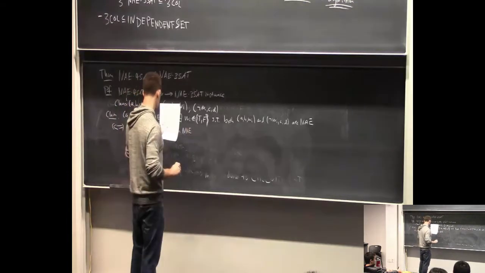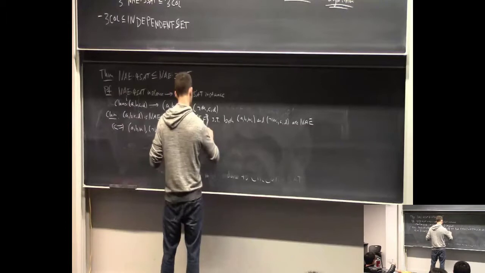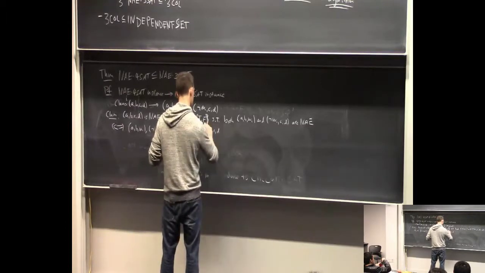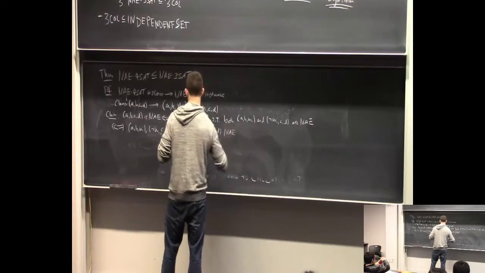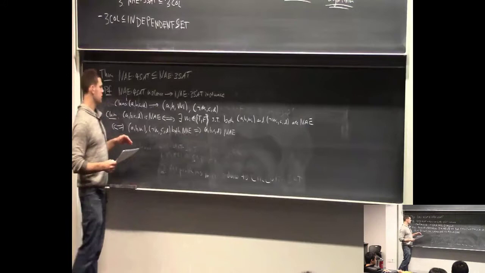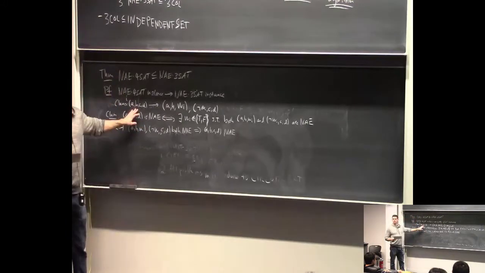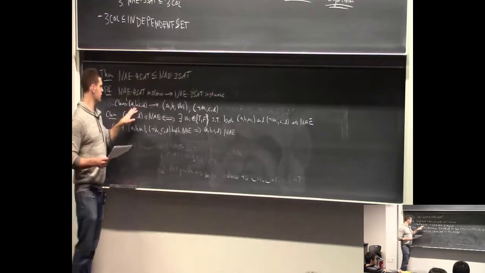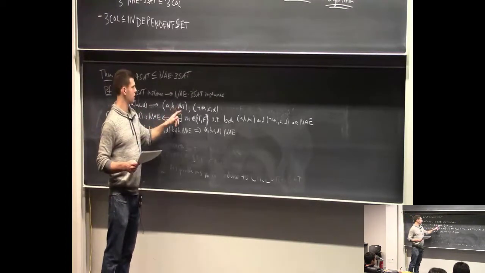And this kind of immediately implies that ABCD is also NAE. You can see this by saying, well, what if A equals B equals C equals D? Then what are you going to choose WI to be?